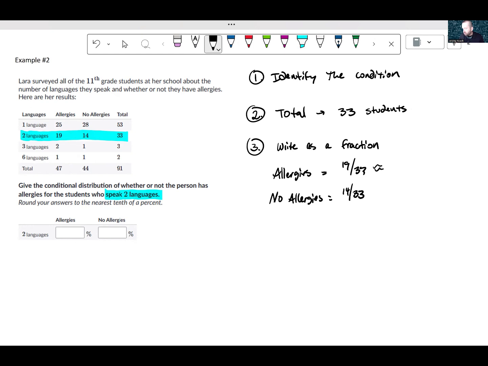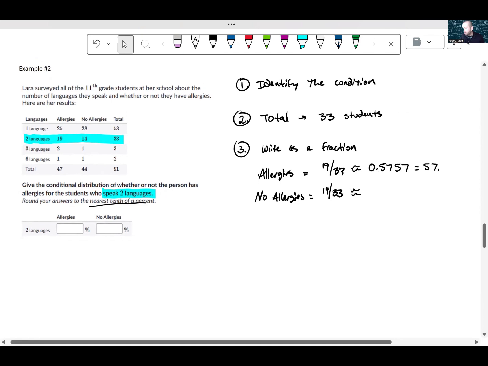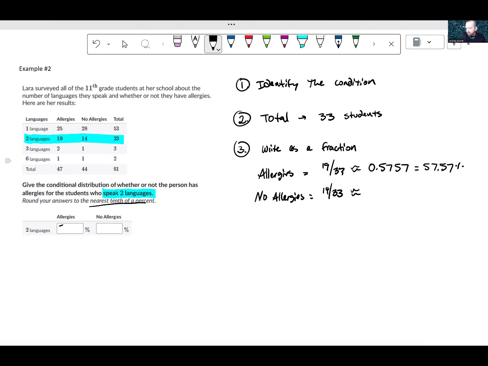Okay, and then we're just going to convert that to a percentage. It says to round to the nearest tenth of a percent. So when I did this on the calculator, I got 0.5757, and that's 57.57%. If we round that to the nearest tenth, that's 57.6%.